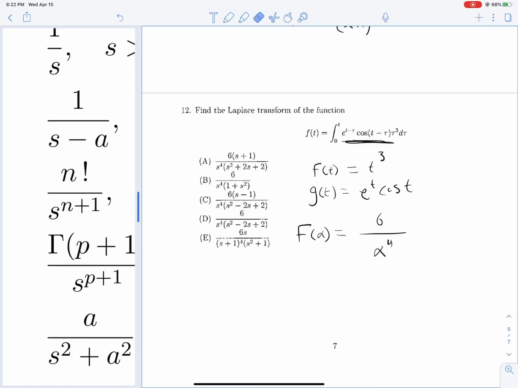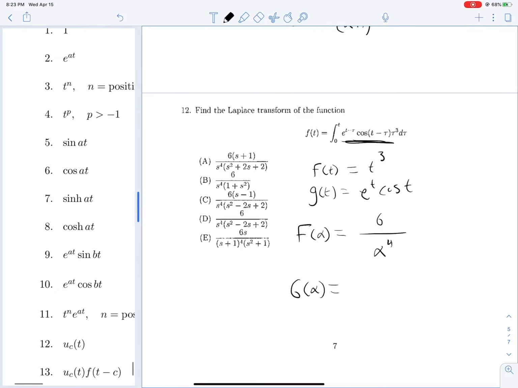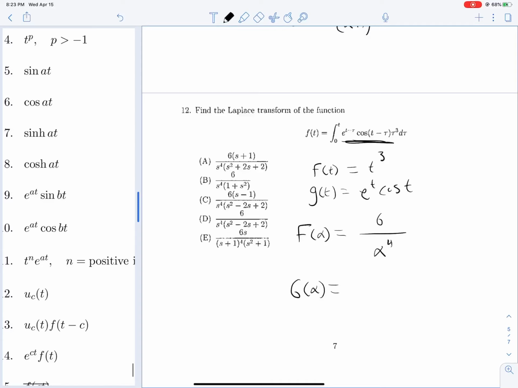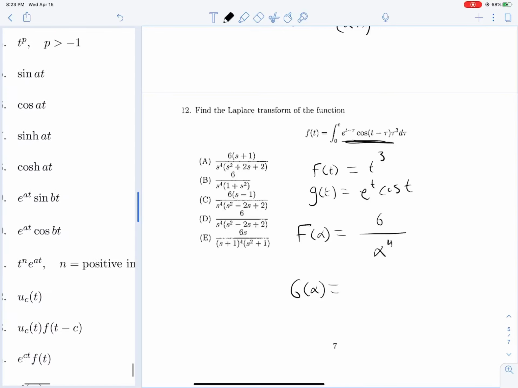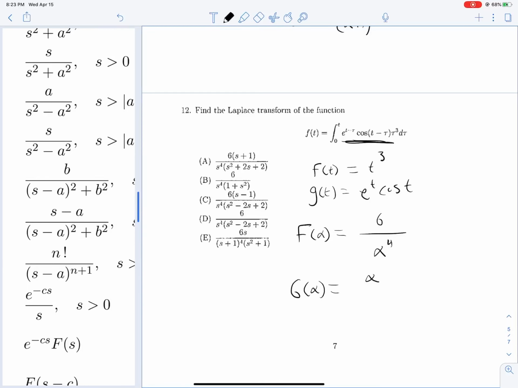And then capital G of alpha is just going to come from e to the at cosine bt, where both a and b are equal to 1 in this case. That gives us alpha minus 1 divided by alpha minus 1 squared plus 1.